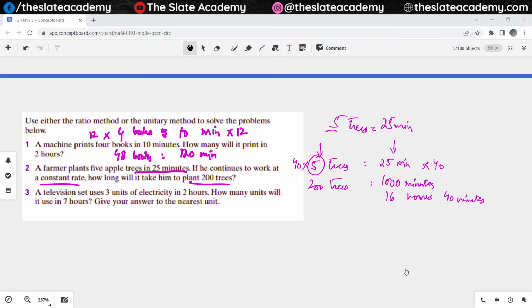So in order to turn this 5 trees into 200, what do I have to do? Multiply with 40. So if you're multiplying the left hand side with 40, you'll have to multiply the right hand side with 40 as well.